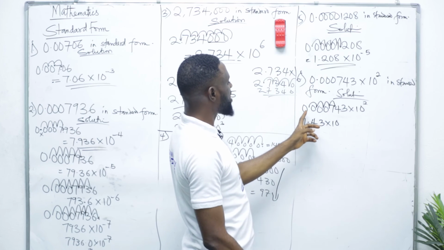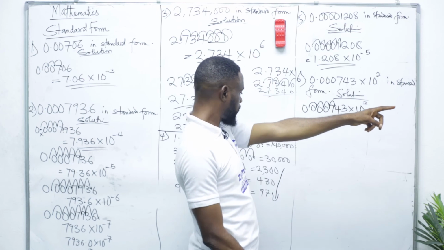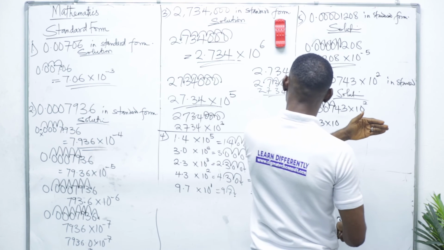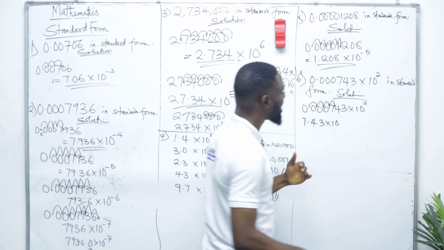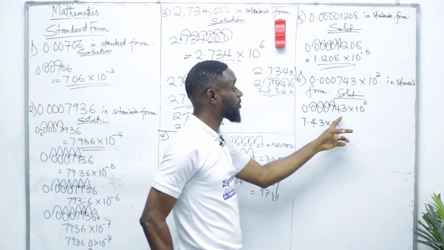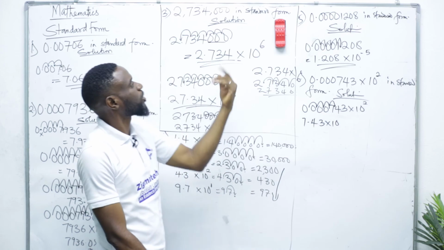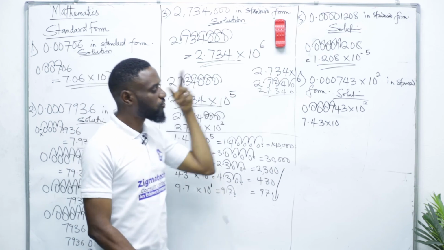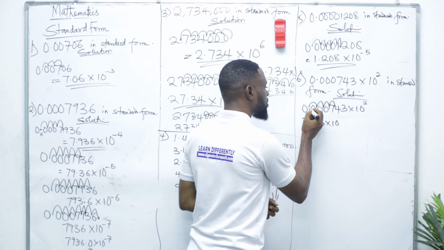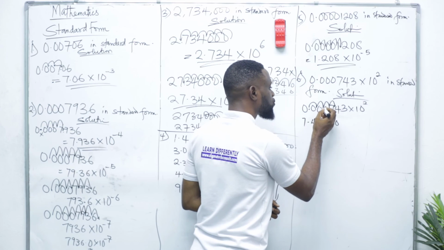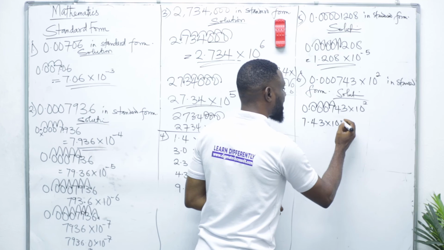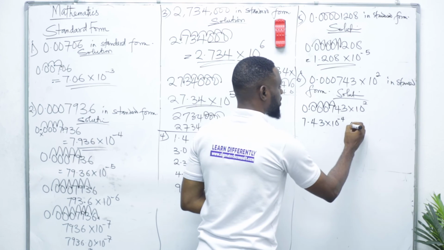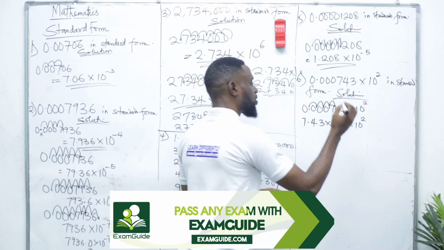Remember, we said if we are moving forward, we have our answer in negative, the power in negative. But if we are moving backward, like we did here, we have it in positive. Forward is negative. So this is simply 7.43 times 10 raised to power minus 4, times 10 raised to power 2. That is what that means now.